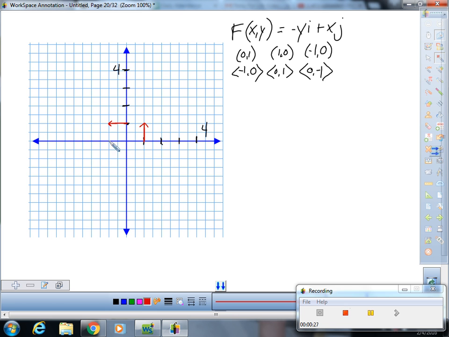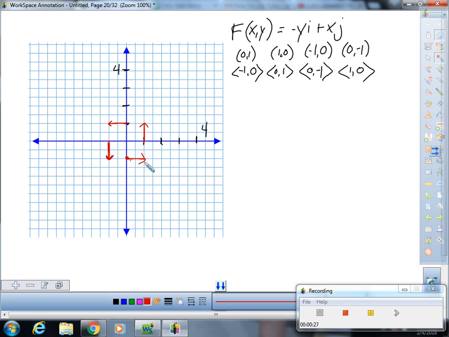At negative 1, 0, we get this. So our last one to do is this point right here, 0, negative 1. And what do we get for that? 1, 0. And that's good, because I hope that's what you guys all expected to get. So far, so good?